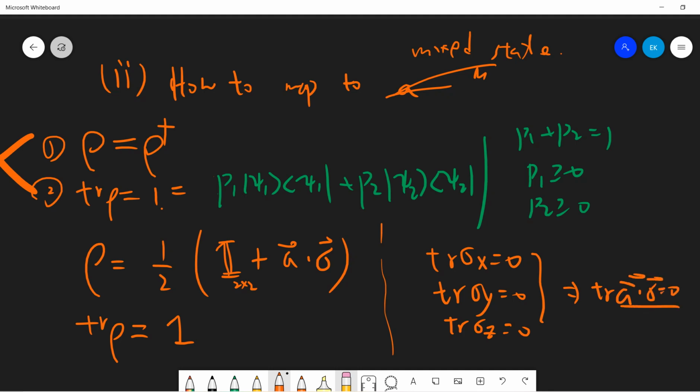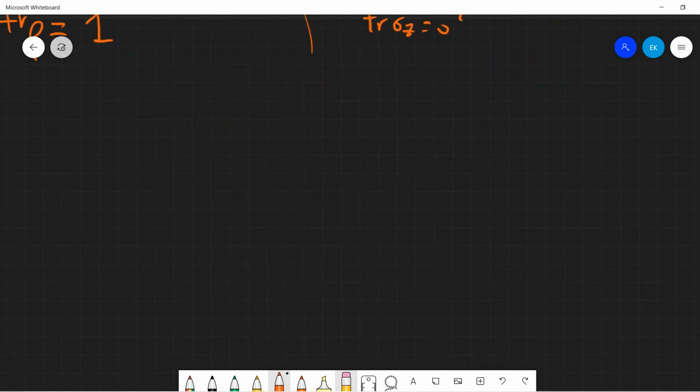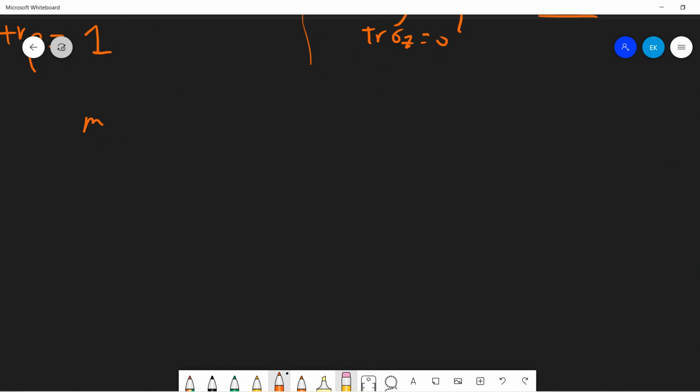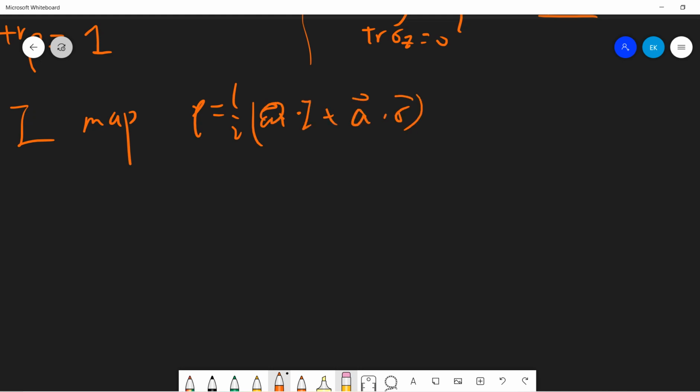So I get a half times 2. So I map the density matrix, identity plus a times sigma, to the vector a. This is the Bloch sphere map.